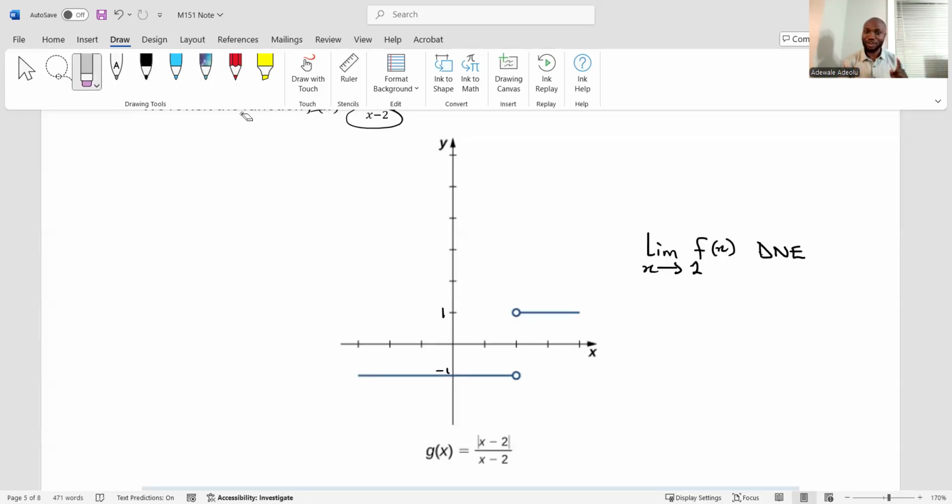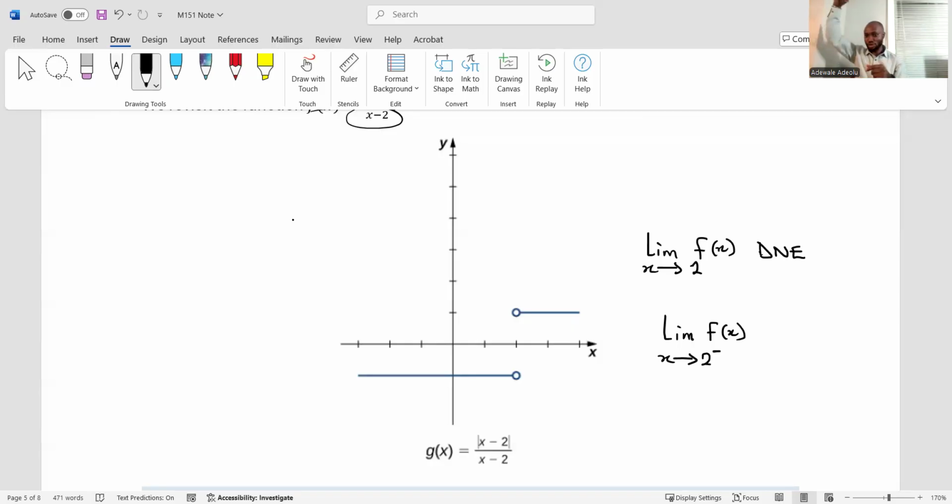However, we can talk about one-sided limits. And now we will define a one-sided limit as follows. Look at it, guys. We can look at the limit of that function as x goes to 2 from below.